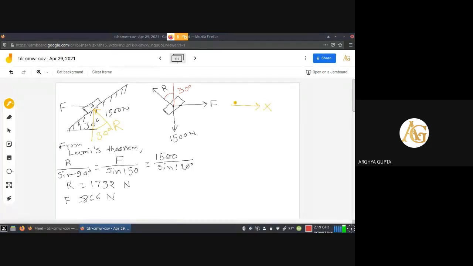This is X and this is Y. So that component is R cos 30. And create another component here opposite to F. That will be R sine 30.